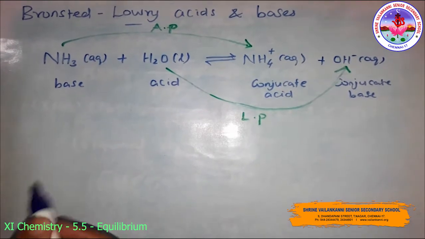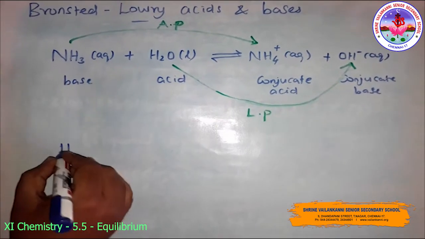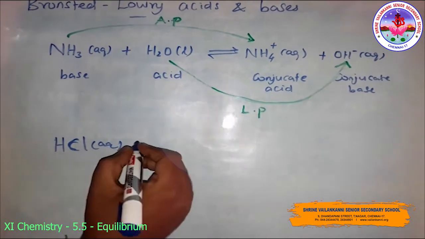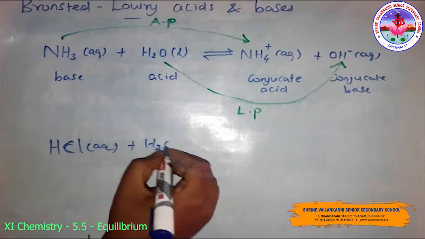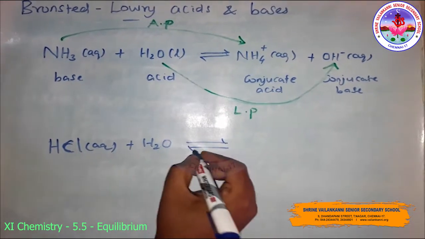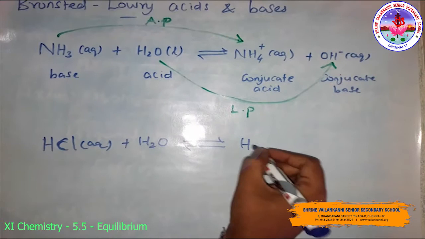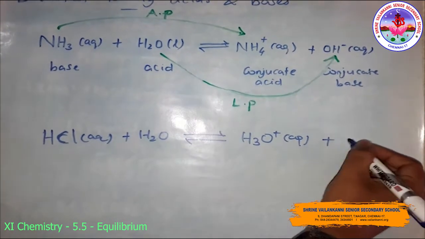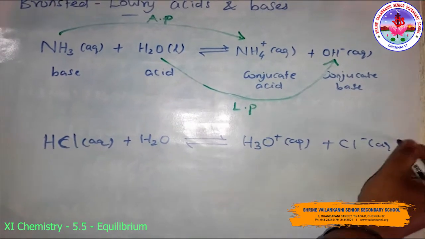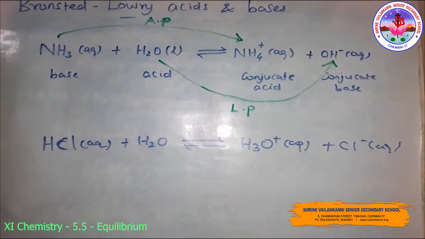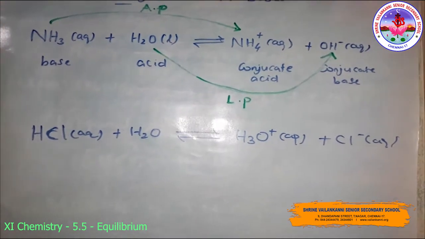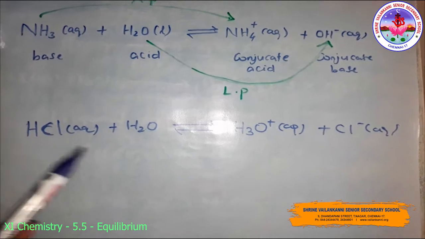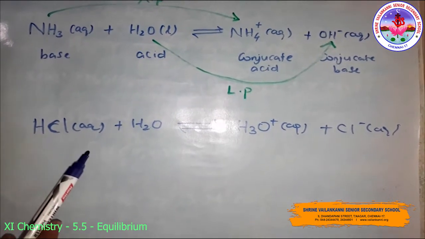Here look at another example. HCl aqueous reacts with water to form hydronium ion aqueous and Cl minus aqueous. Look at this example. In the ionization of hydrochloric acid in water, HCl acts as an acid.